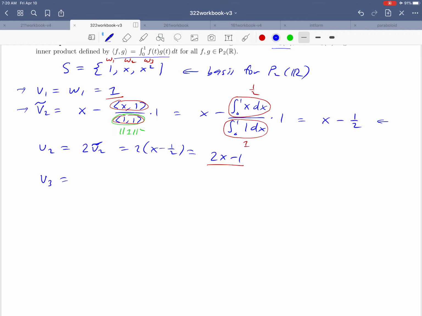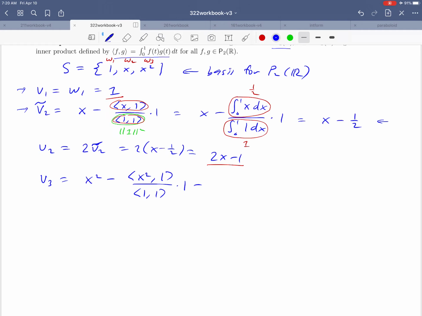So to calculate v3, we're going to start with w3, which is x squared, minus the inner product of w3 with v1, over the length of v1 squared times v1.